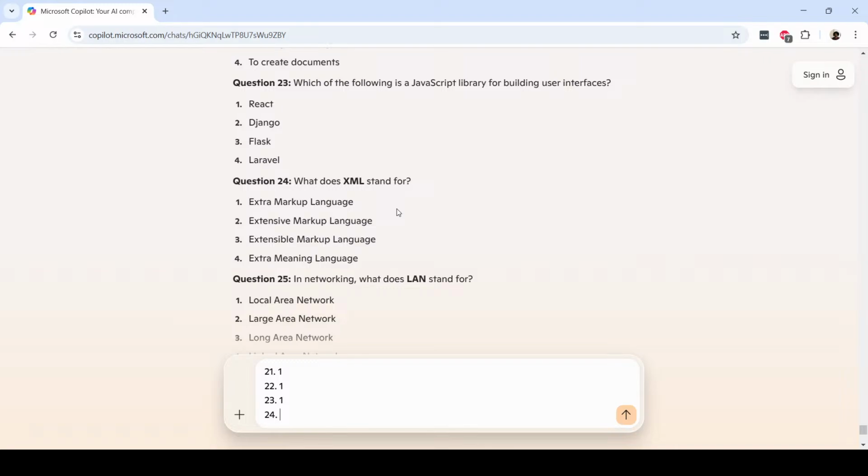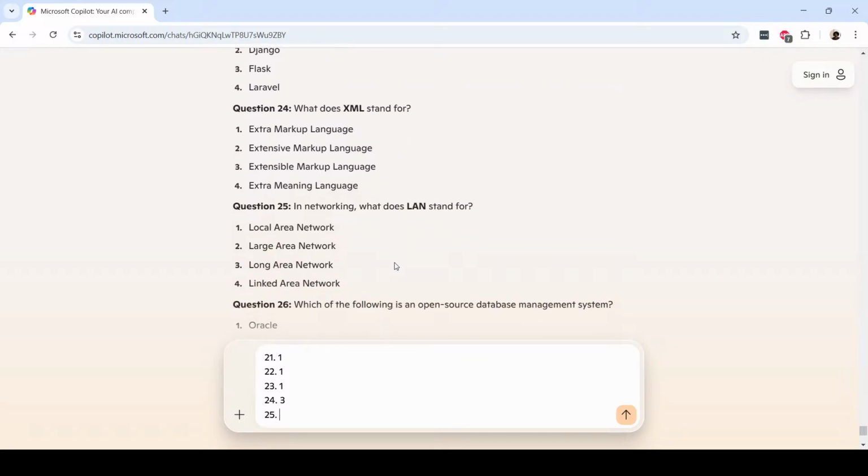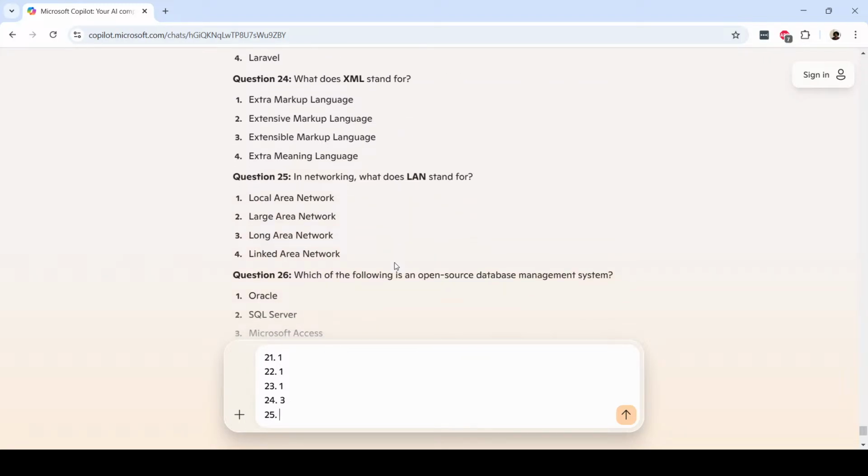What does XML stand for? Extensible Markup Language. In networking, what does LAN stand for? Local area network.